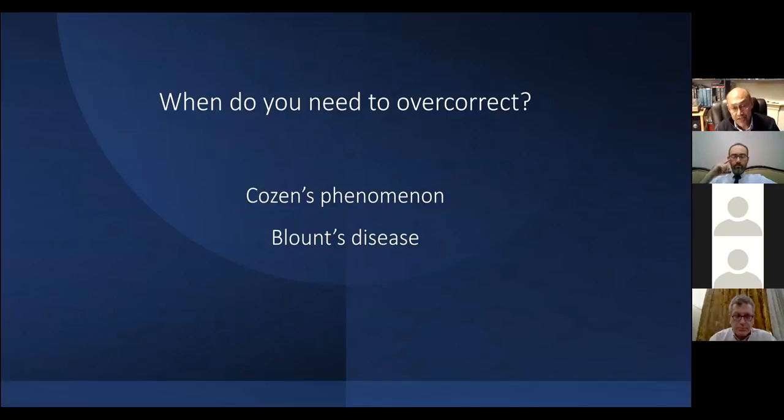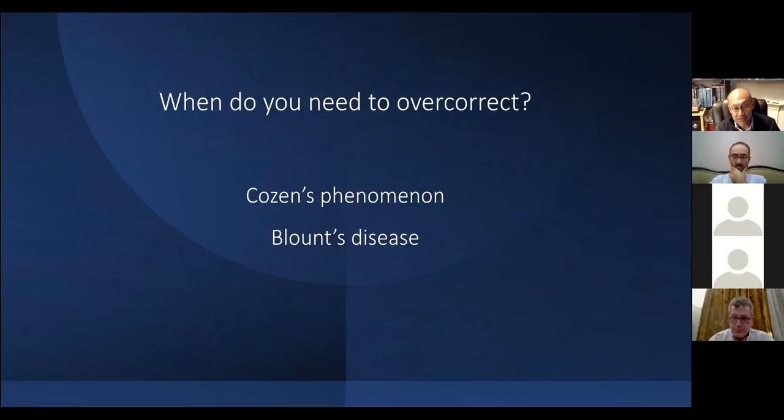Two conditions that you really need to over-treat or over-correct because they have rebound. That is Blount's and Cozen's phenomena. So for Blount's disease, you want the mechanical axis to go towards the lateral side of the compartment.